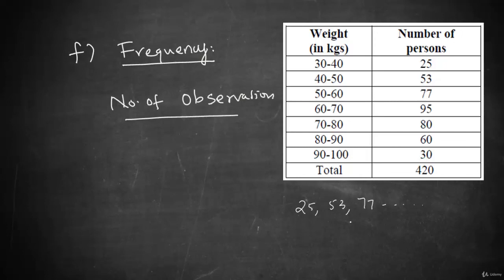So these numbers are called class frequency because they are the frequency of each and every class, and then we total them, so the total frequency is 420. So the total frequency indicates the number of observations considered in a frequency distribution.